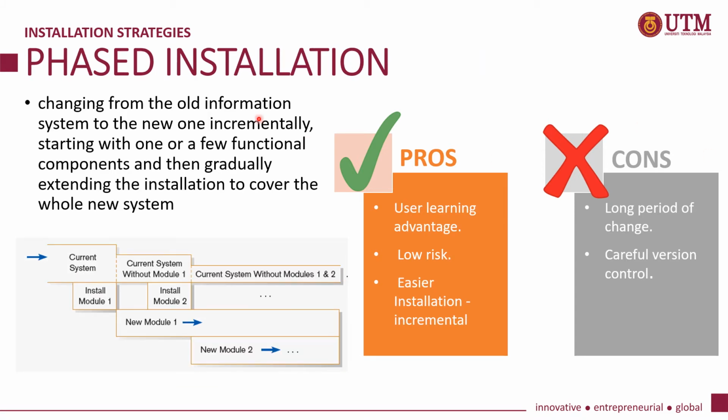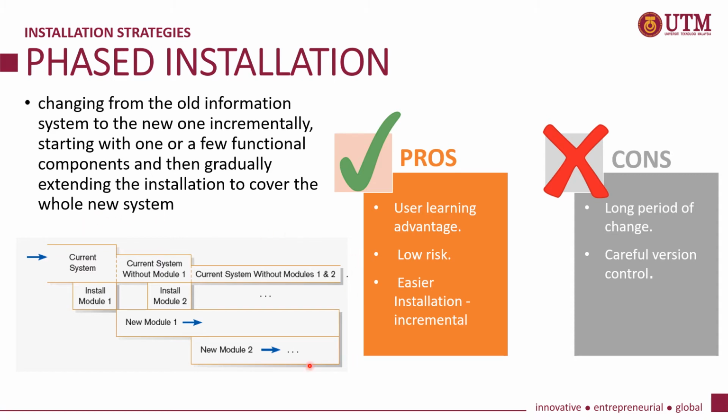The fourth installation strategy is phased installation, and it involves changing from the old information system to the new one incrementally, starting with one or a few functional components and then gradually extending the installation to cover the whole new system.